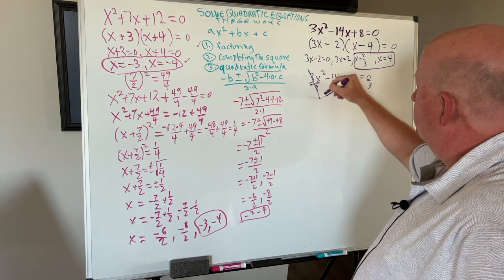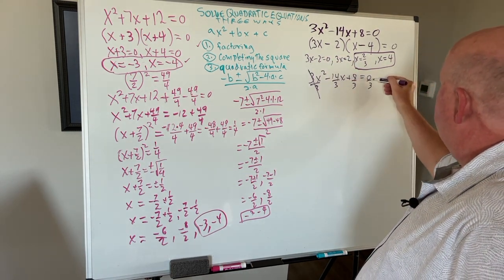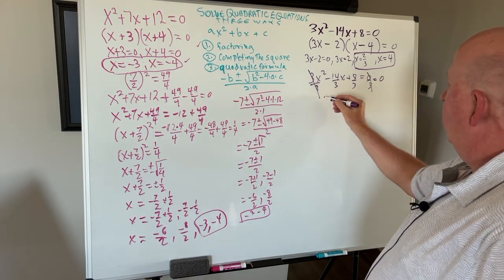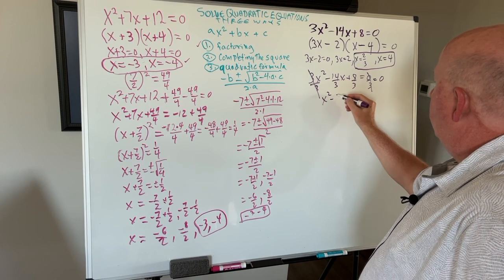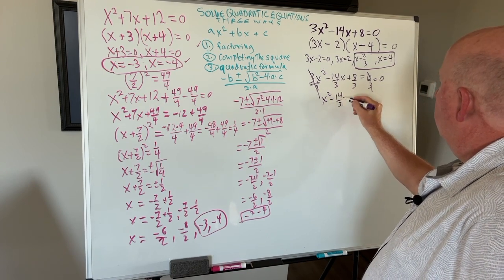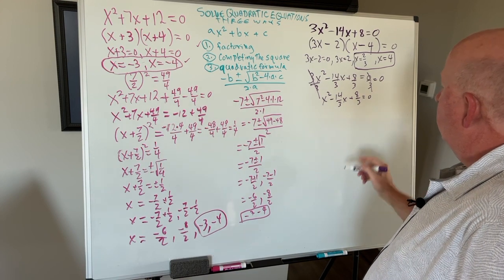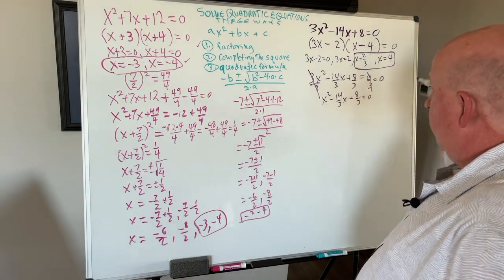So this cancels, and this is still 0. So I end up with x squared minus 14/3 x plus 8/3 equals 0. So now I can do completing the square.